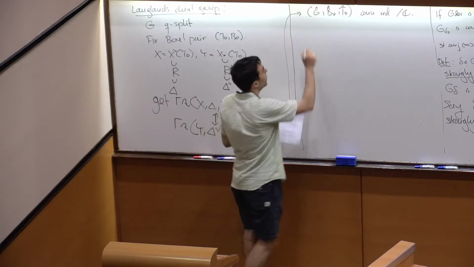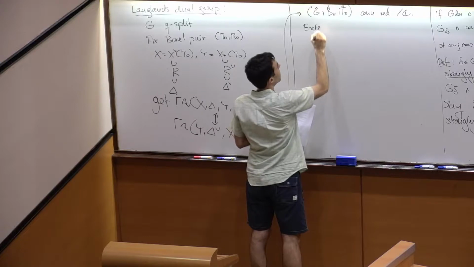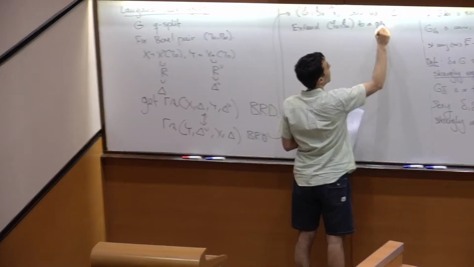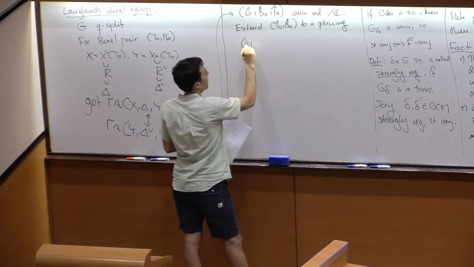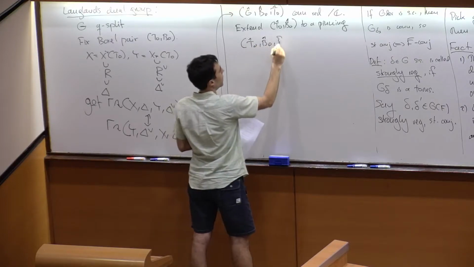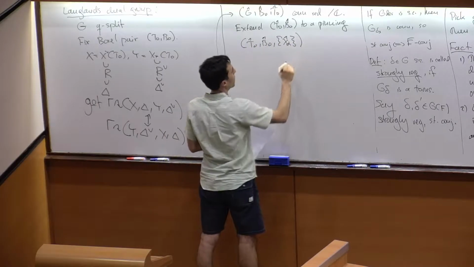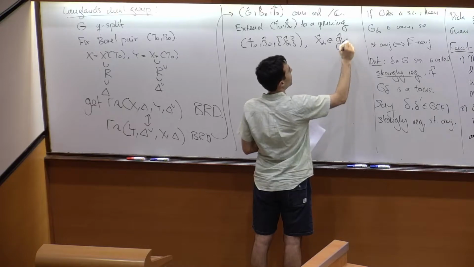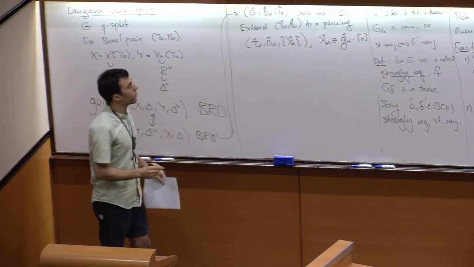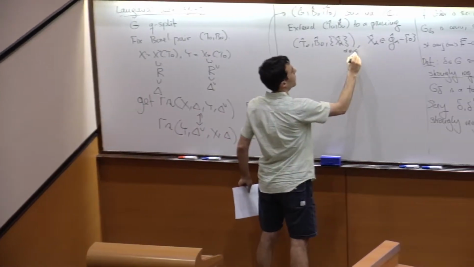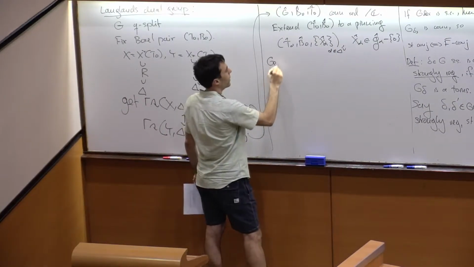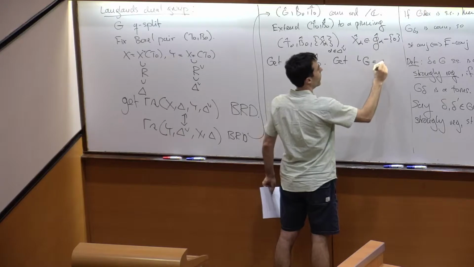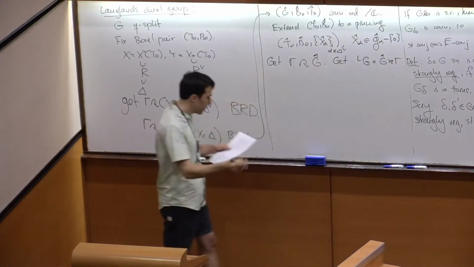But if you, in addition, extend this Borel pair T0 hat to a pinning, where this X alpha hat is a non-zero element in the corresponding simple root space, for all simple roots, then we get an action of the Galois group on G hat, and then we get the L group, which you can take either a semi-direct product with the Galois group or semi-direct product with the Weil group.